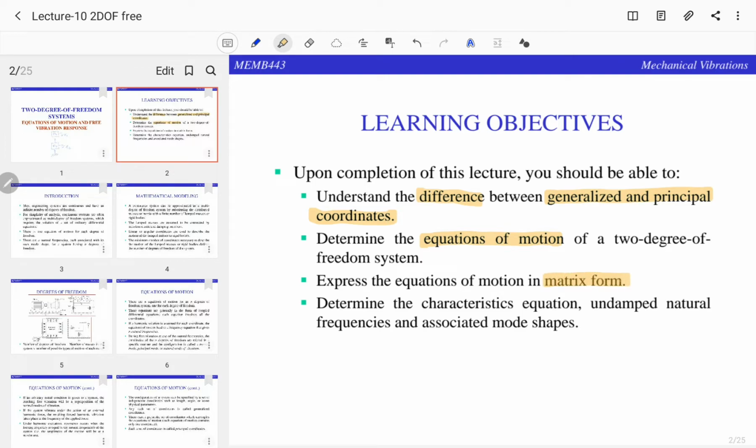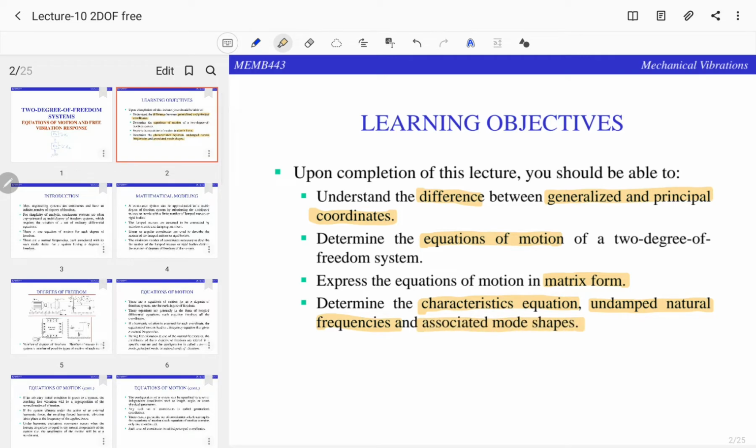Since it's 2 degree of freedom, you need to write it in matrix form, and determine the characteristic equation, because from matrix form you're going to have a quadratic equation, and you need to find the undamped natural frequencies and associated mode shapes.